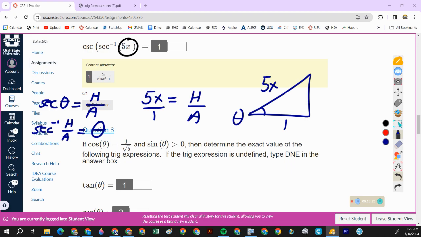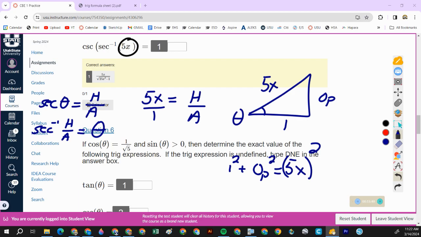And then we just do the Pythagorean theorem to finish that triangle. So 1 squared plus opposite squared is equal to 5x squared. Let's call this my opposite side. All right?